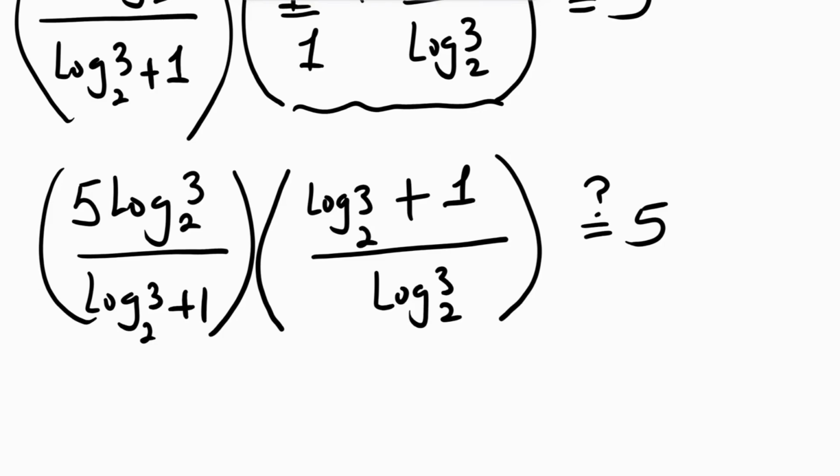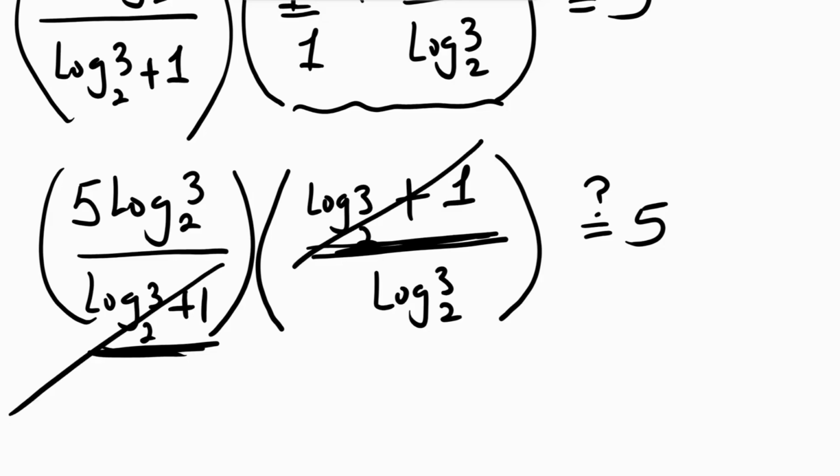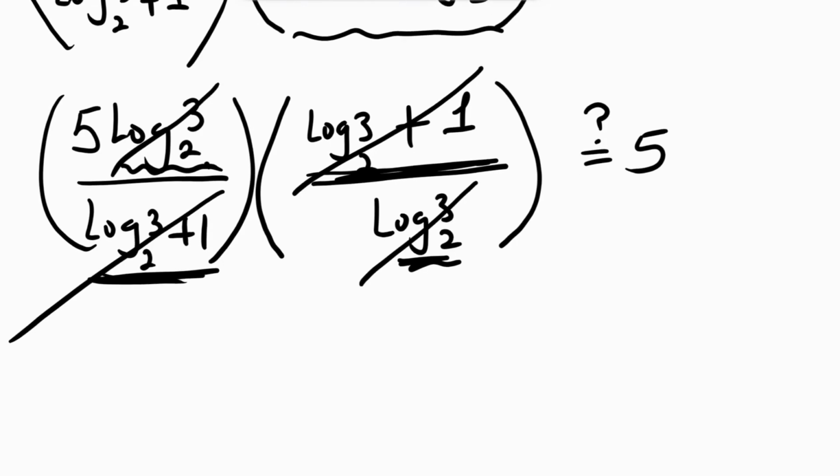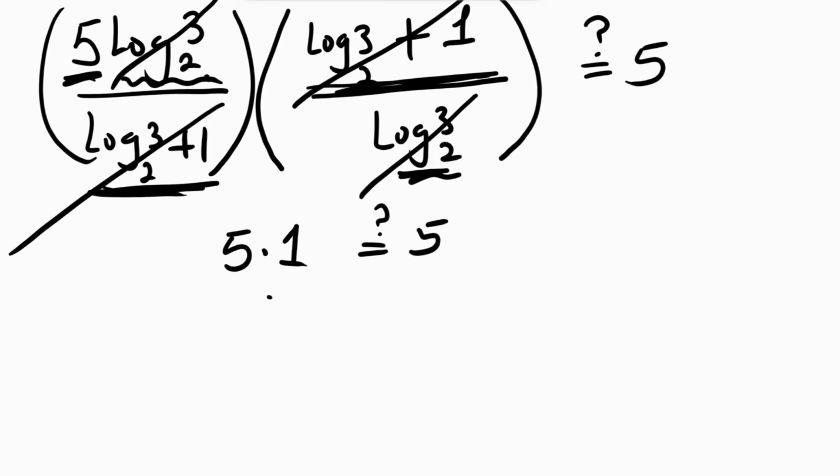Right, so from what we see here, this is the same as this, so they can cancel out. And then this is also equal to the same thing as this, so this can cancel out. So now what we have left is just 5. So here this is just 5 times 1. So 5 is equal to 5.